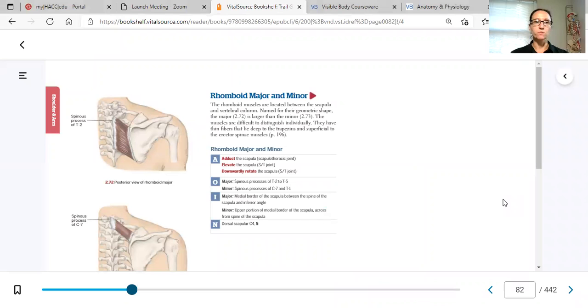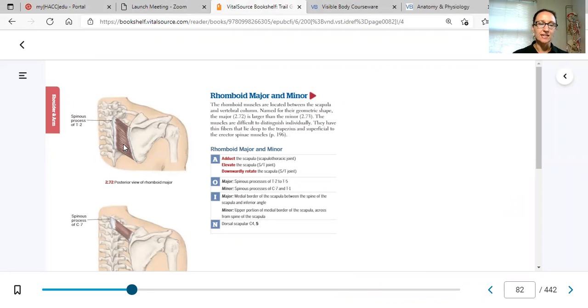So we are on the back of the body here. And here we are, rhomboid major and minor. Rhomboid major and minor are usually just referred to as the rhomboids. They are not distinguished by different actions.